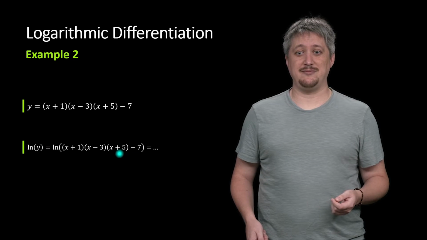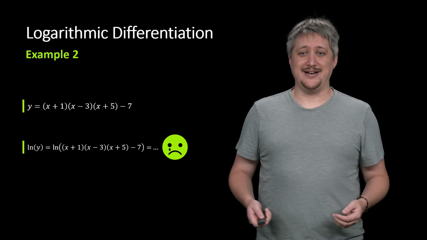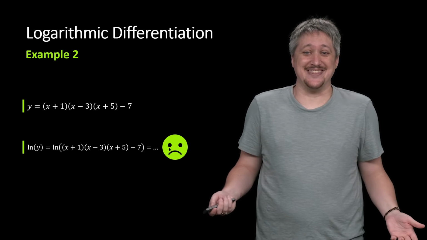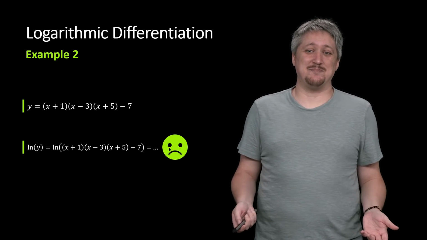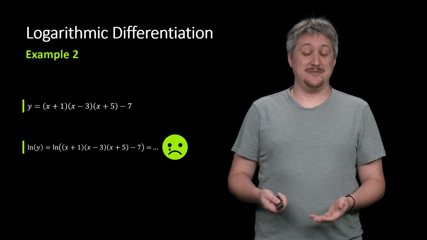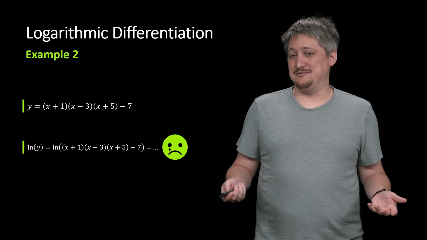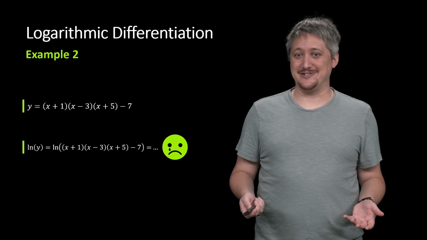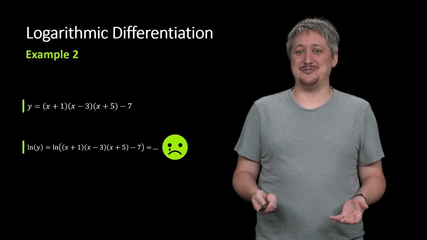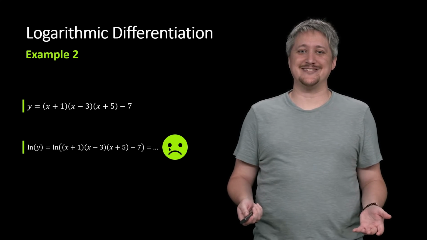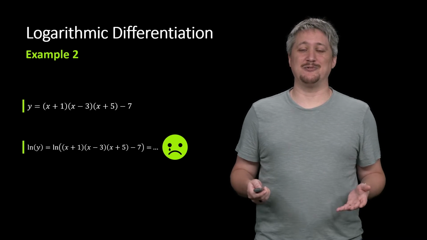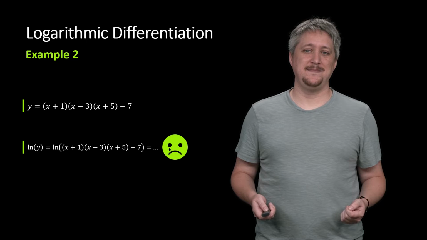So now that I have that -7, I am sad, right? There's nothing I can do with it. I can't break this apart with log rules. So applying logs to both sides has really just made it even harder, right? It just added extra steps to what was already going to be a difficult process. I should not use logarithmic differentiation here, okay?